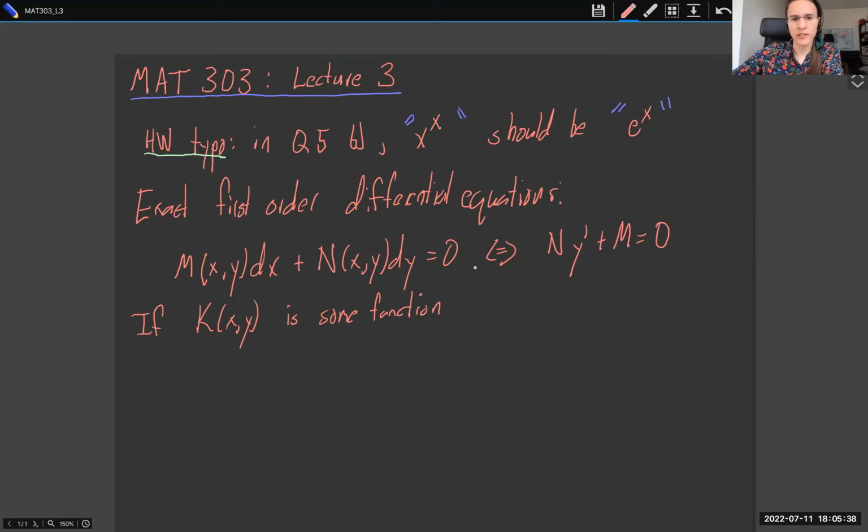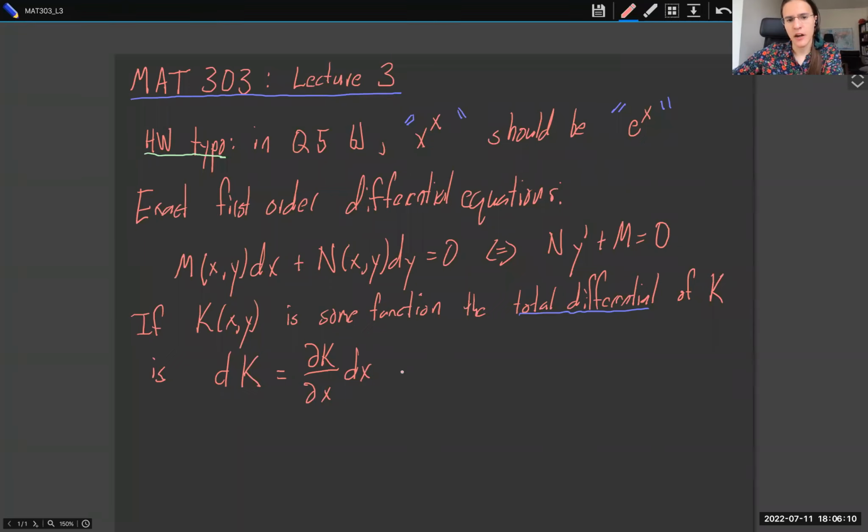We define the total differential of K, which we denote by dK, as the partial derivative of K with respect to x, dx, plus the partial derivative of K with respect to y, dy.